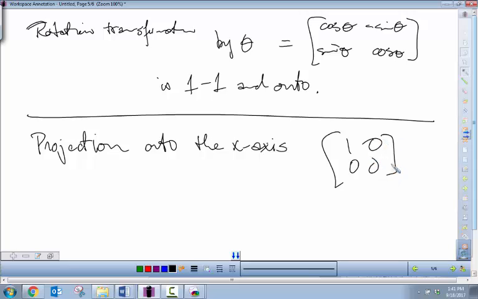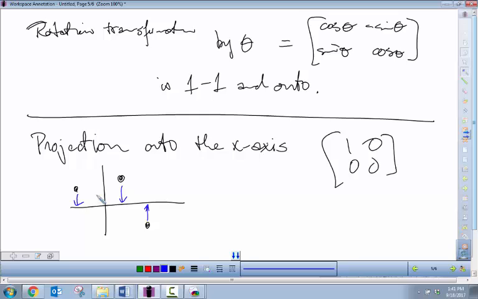The matrix for that is going to be 1, 0, 0, 0. Graphically, we take any random point, and that gets projected down onto the x-axis, right?